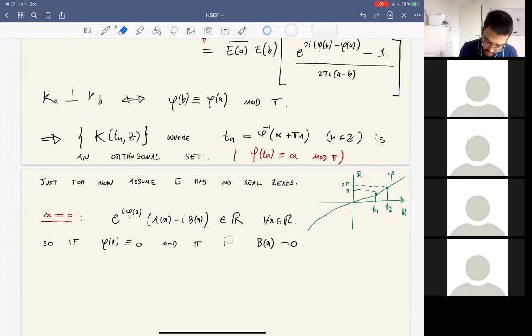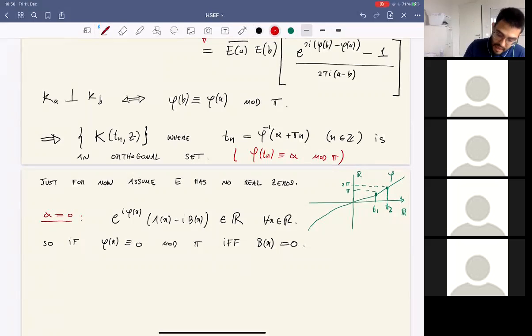You would be able to only conclude that if E had no zeros, then if that is 0, it has to be a 0 of B. But if it's a 0 of B, you can't conclude that phi of X is congruent to 0 mod pi, because A of X could just be 0, and the thing would be real as well. So I wouldn't be able to go back, and I want to go back.